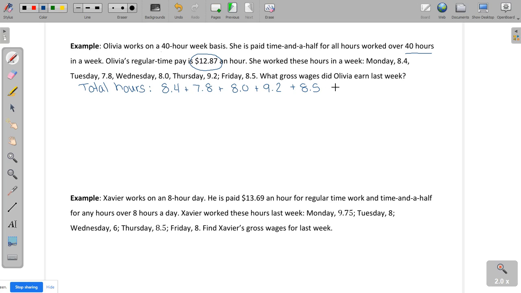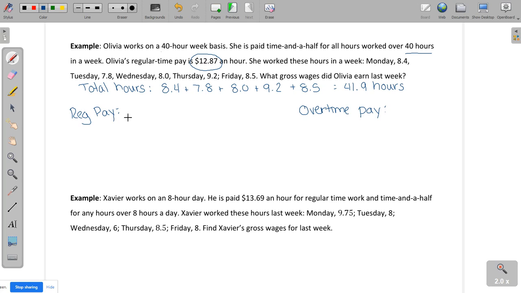And when we add this up, we get 41.9 hours. This is a total hours. So we're going to find her regular pay, and then we're going to find her overtime.